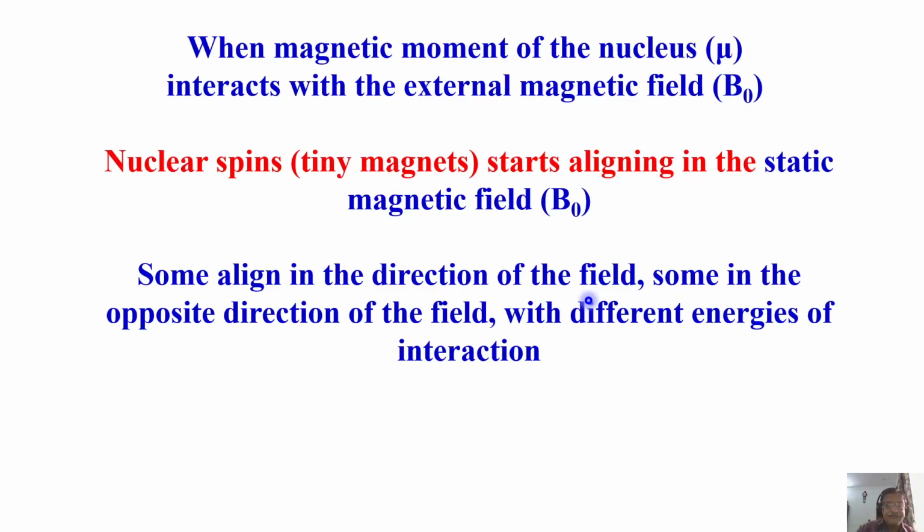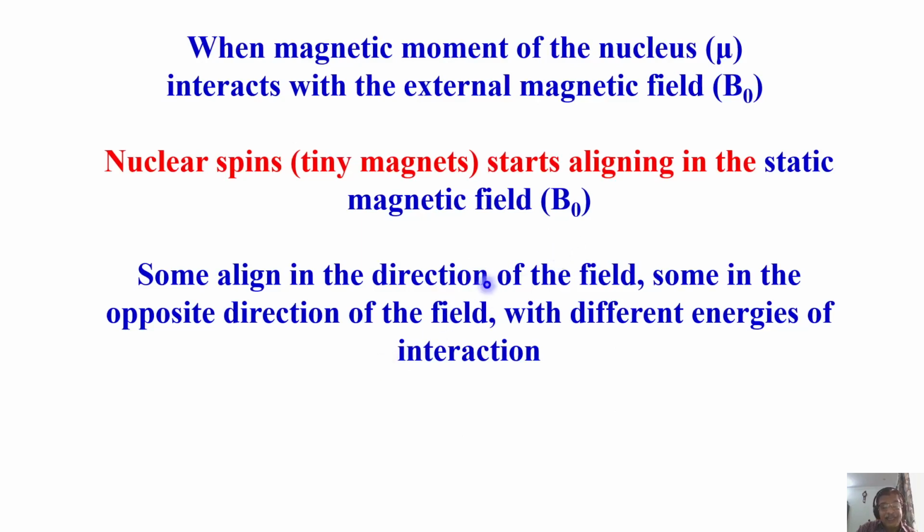How do they align? Some align in the direction of the field, some in the direction opposite to that of the field. How should it happen? We say interaction of the magnetic moment with the external magnetic field has different energies for different nuclei. That's correct. But now I am telling you further, this nuclear magnetic moment mu has quantization directions that we observed.